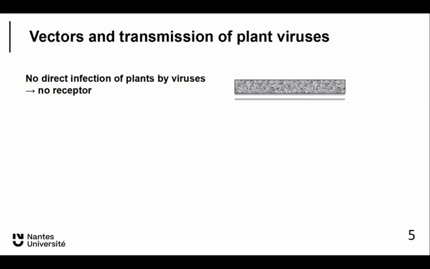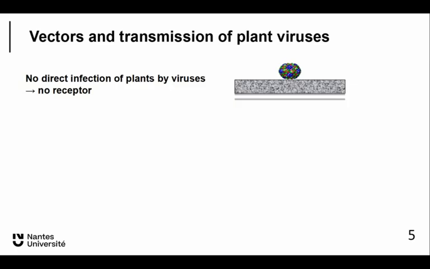That's not true for plant viruses. That means that the cuticle and the cellulose cell wall seem to be an effective barrier to prevent viruses from infecting plant cells.